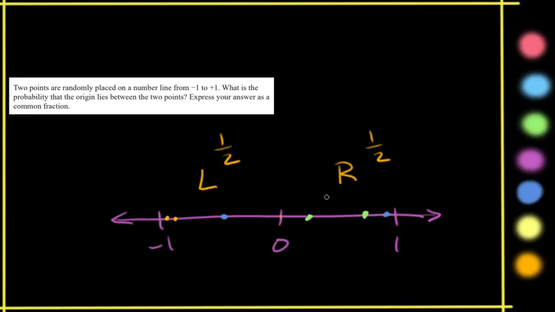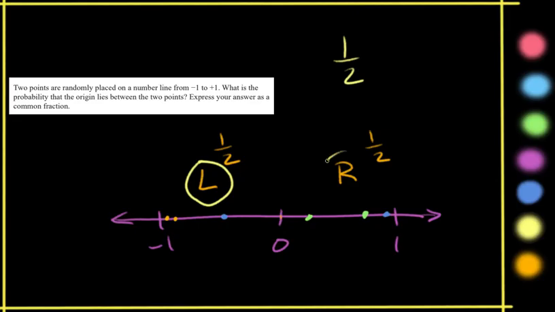Well, let's just consider the case where the first one was on the left. So now the second one is going to have half a chance of being on the same side, right? And if it's on the same side, the origin is not going to be between them. So it's also going to have half a chance of being on the opposite side. So in the case where you pick the first point on the left side, you're going to have half a chance that the origin will be between the 2 points.